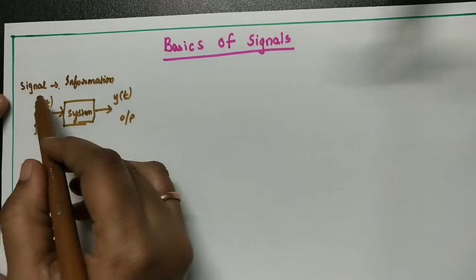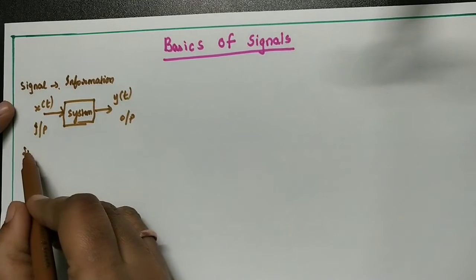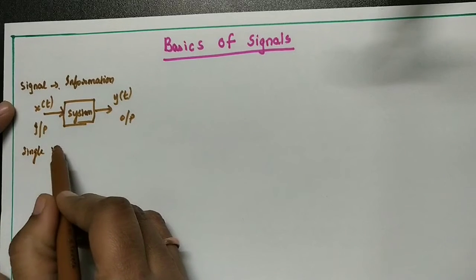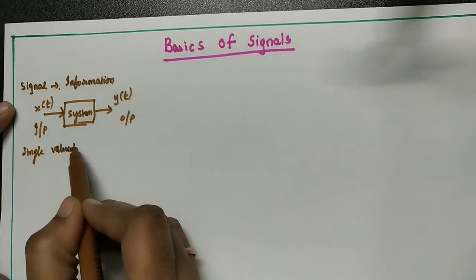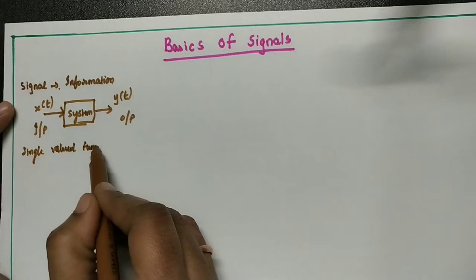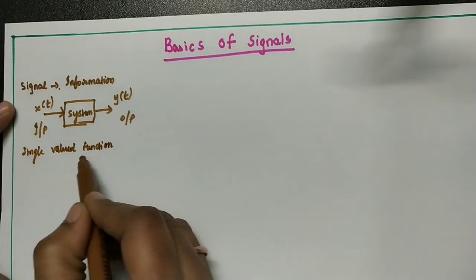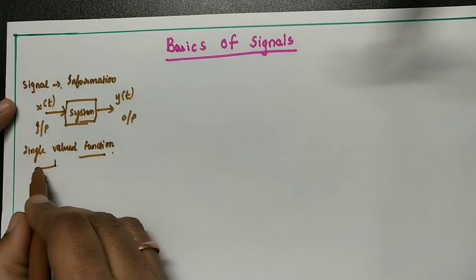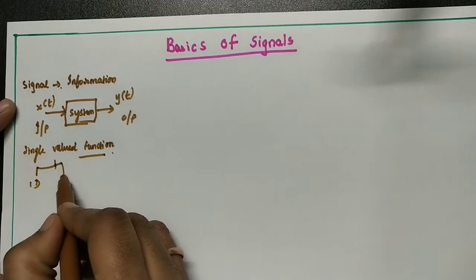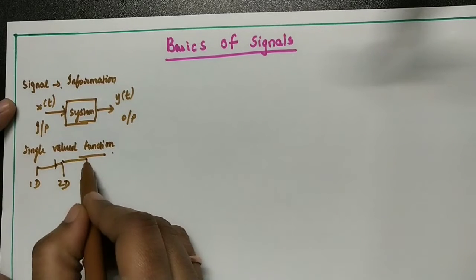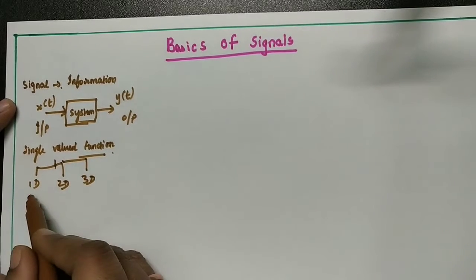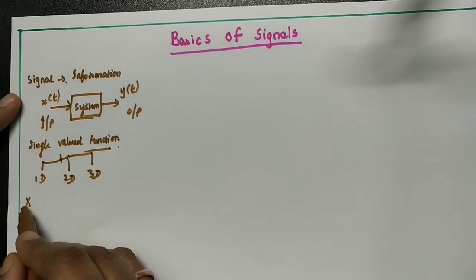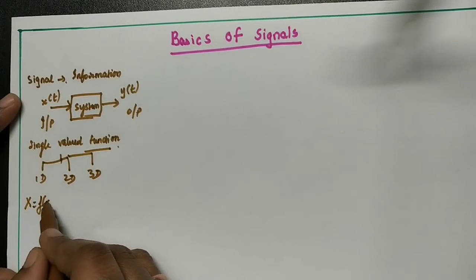A signal is a single valued function, and it is dependent on various variables. It may be classified as a one-dimensional, two-dimensional, or three-dimensional signal. If it is a one-dimensional signal, we can represent it as f of x.